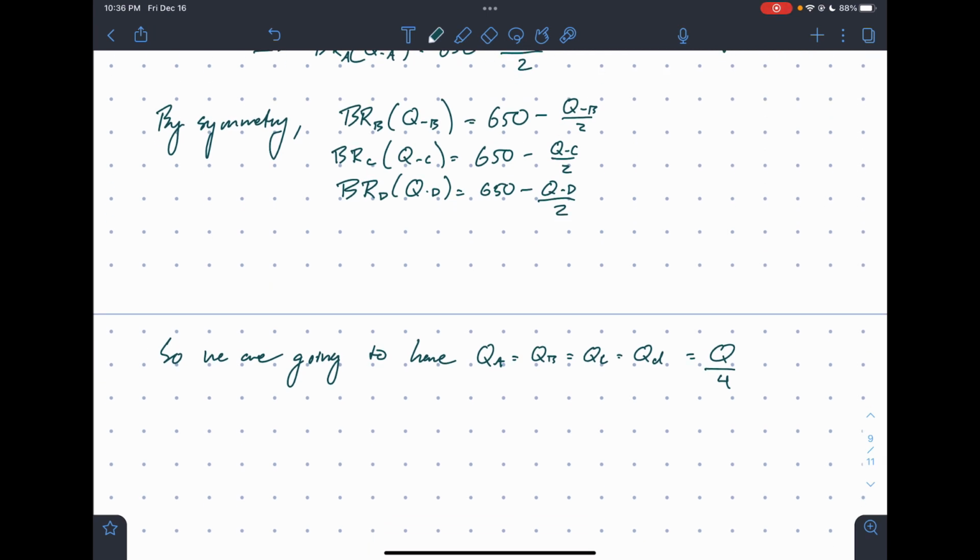They'll split the market evenly because their best response functions are identical. So this means QA is Q divided by 4. Q negative A is 3/4 times Q.